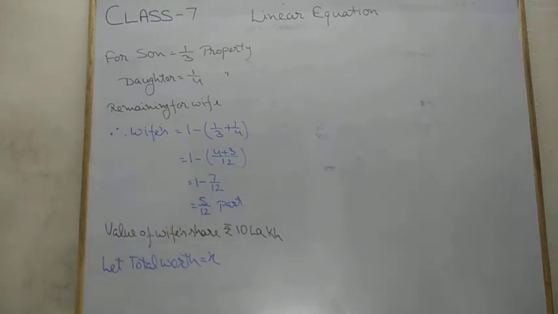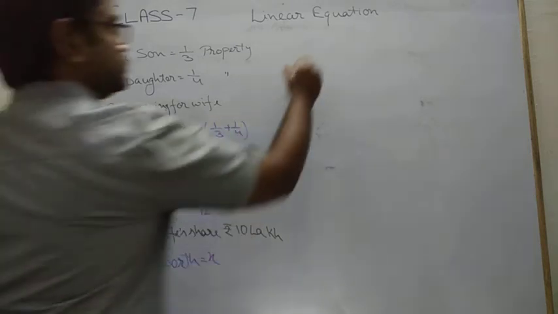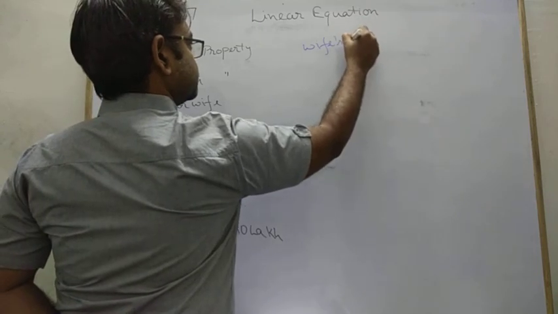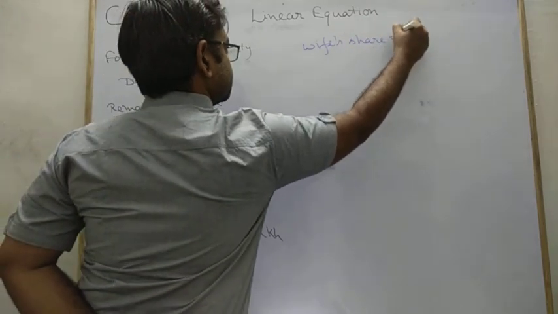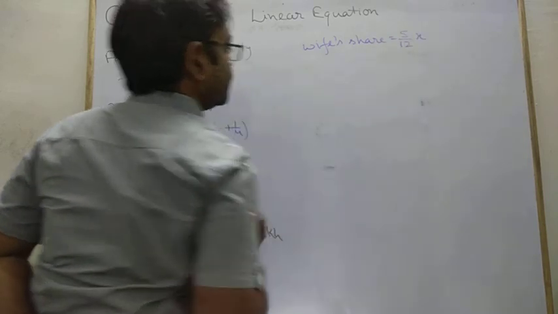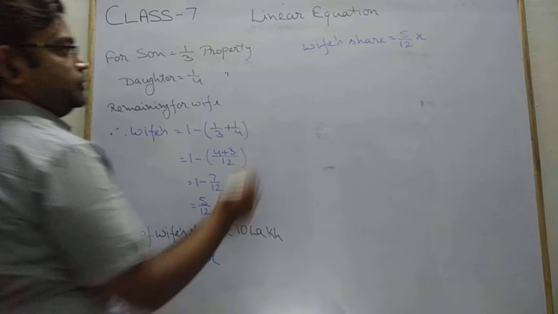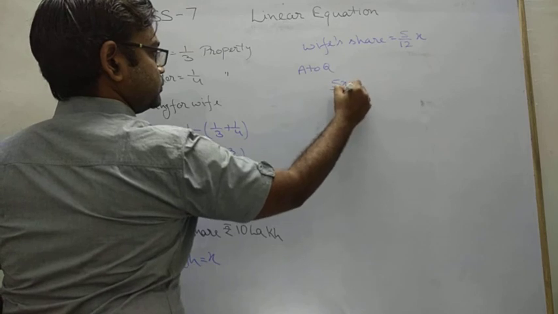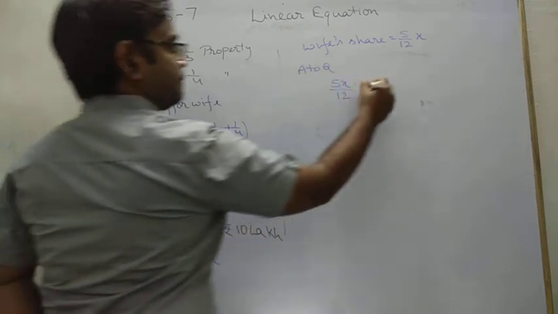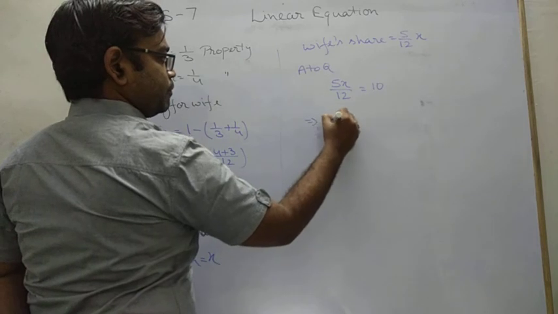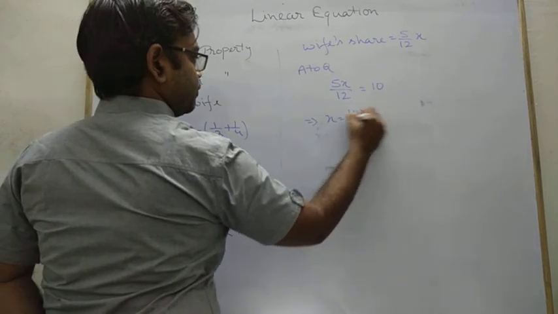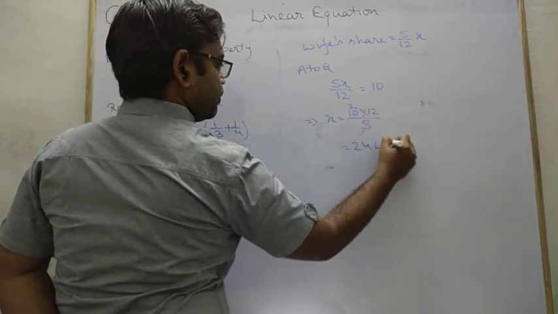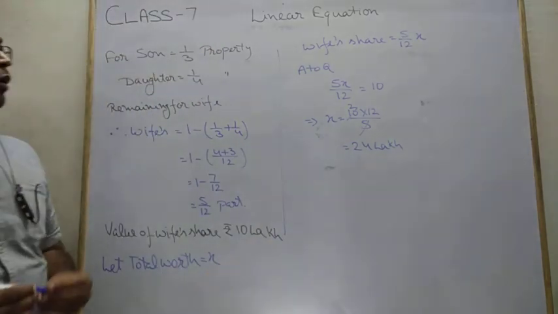Out of x, the wife's share is 5 upon 12 x, and this equals 10 lakh. So this is the total value of the property.